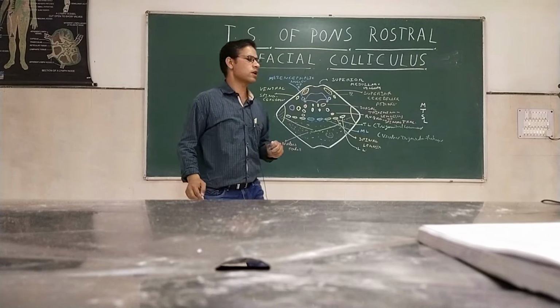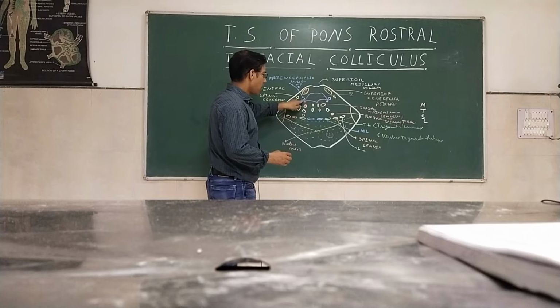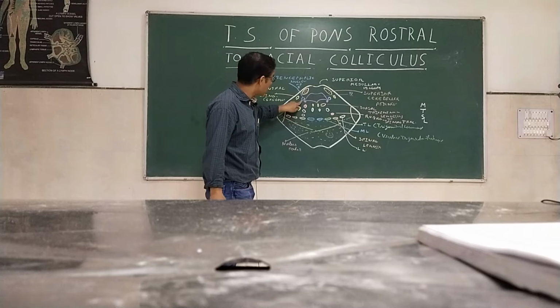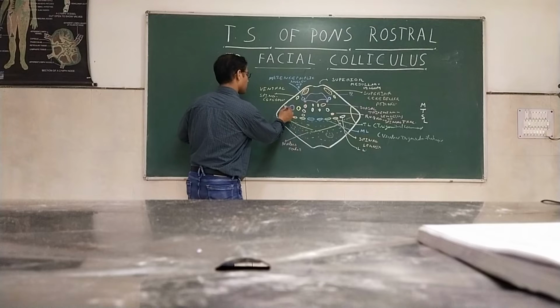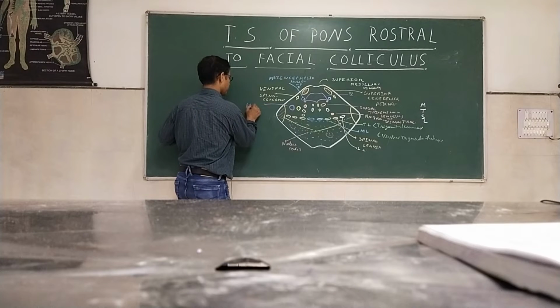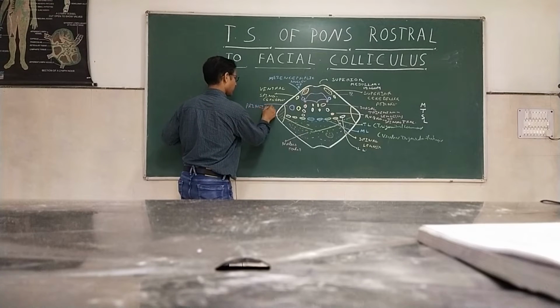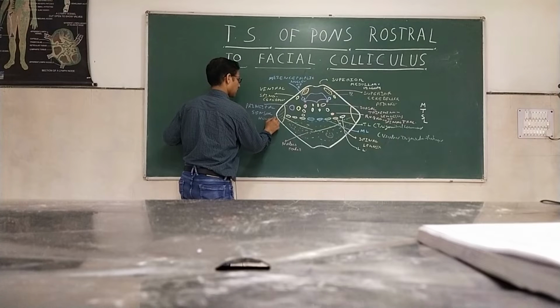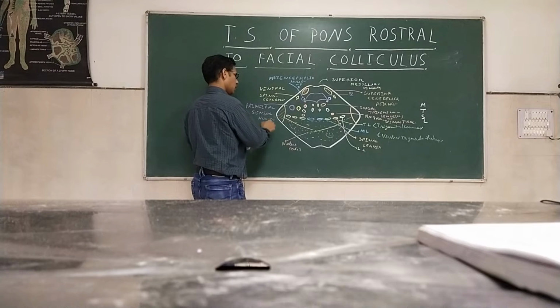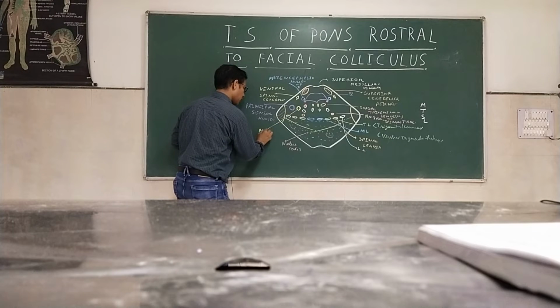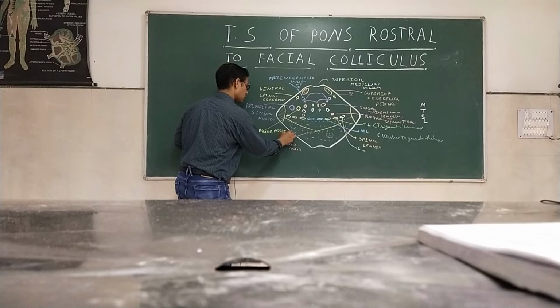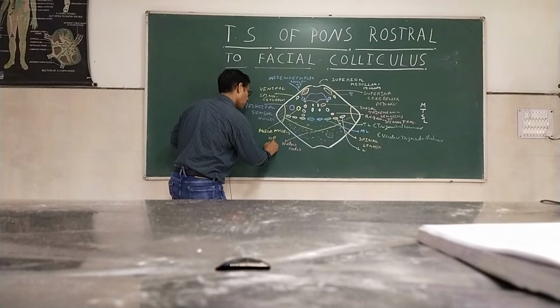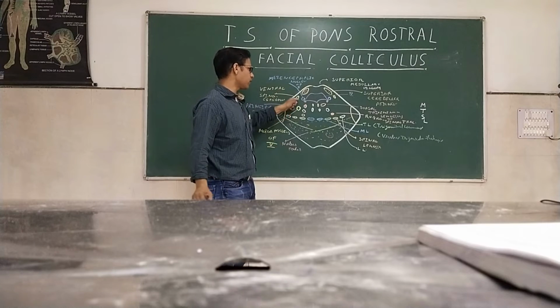So with this yellow color, remember all three: the mesencephalic nucleus, the principal sensory nucleus, and the motor nucleus of the trigeminal nerve at this level.